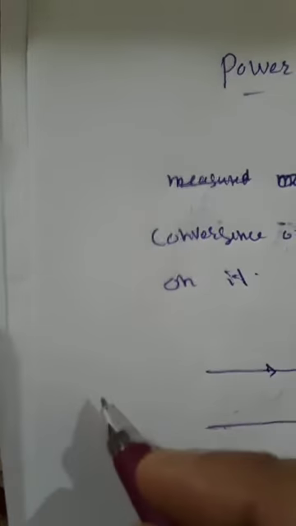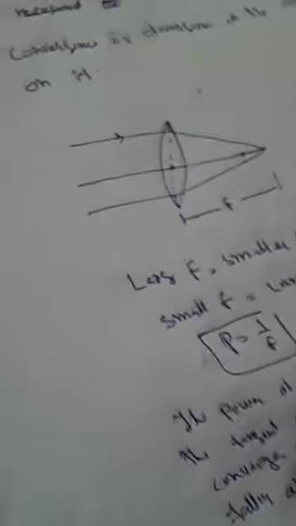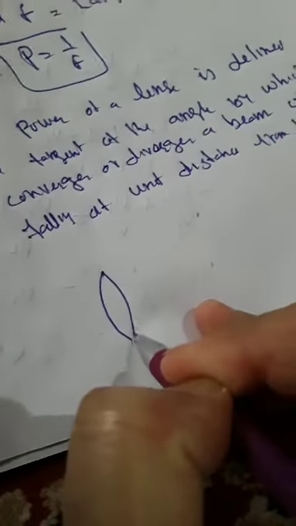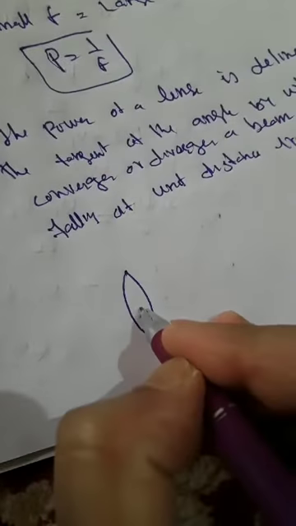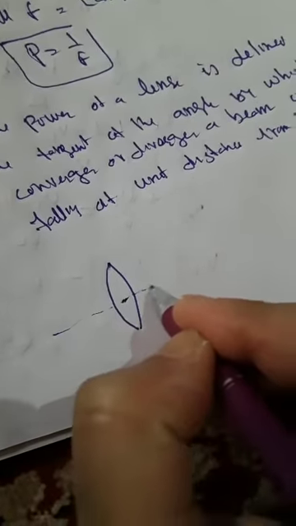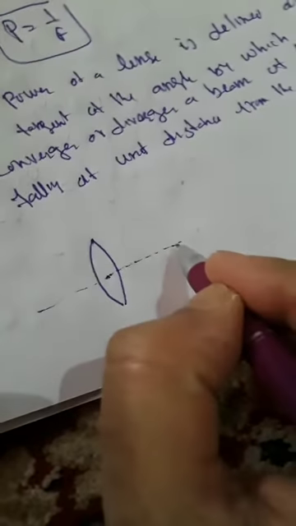If I take an example here, suppose this is a convex lens. You know this is the optical center. Suppose this is the focal length.